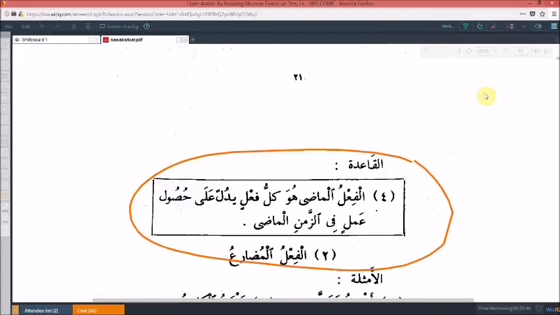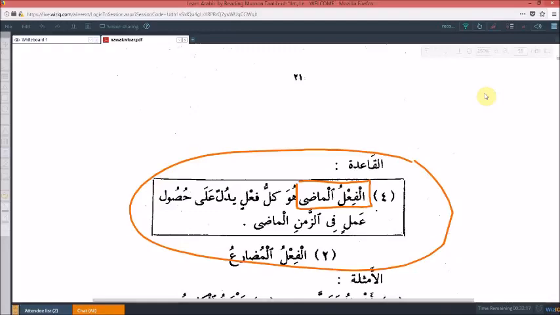Number 4. We're talking about the fi'l al-Madi here. الفعل الماضي هو كل فعل يدل على حصول عمل في الزمن الماضي. الفعل الماضي, this is what it's called. We'll say the past tense verb, right?